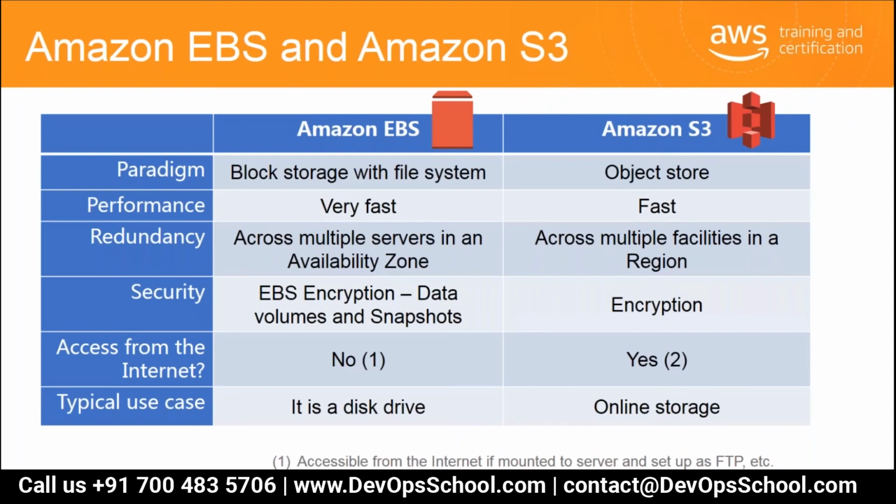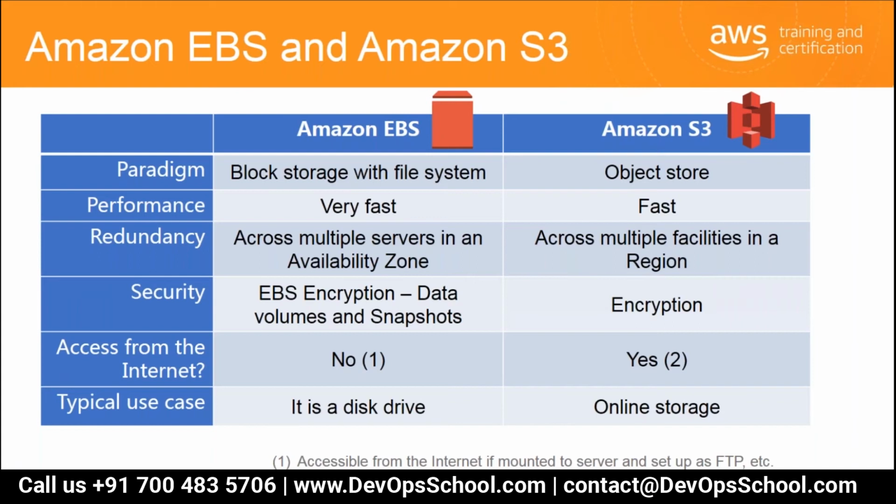Here there is a quick comparison of EBS and S3. In what paradigm you use EBS and in what paradigm you use S3. EBS is block storage with a file system, and S3 is object storage. EBS is very fast because it is working directly with the VM, and it has very low latency.